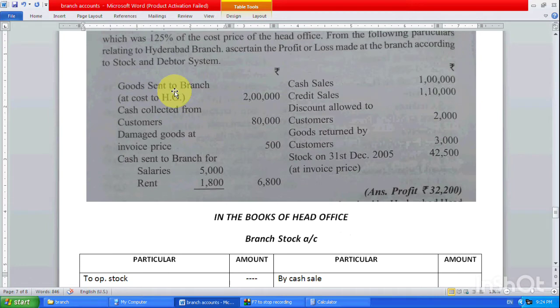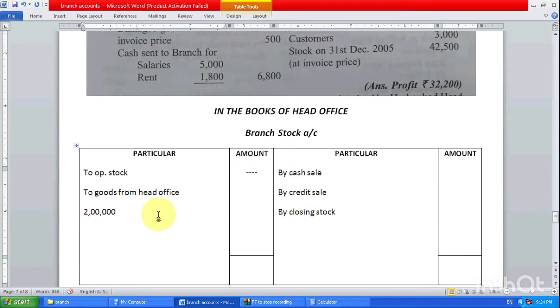Here also we can do it. How much goods sent to branch? 2 lakh. See here, 2 lakh into 25 divided by 125. Or 2 lakh into 25% directly, because this is already added.